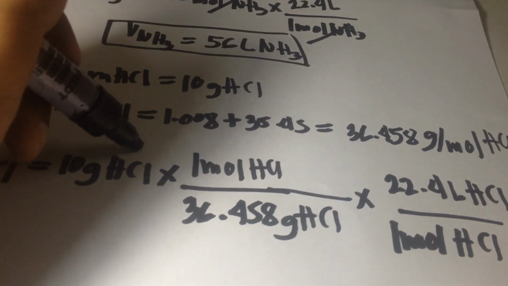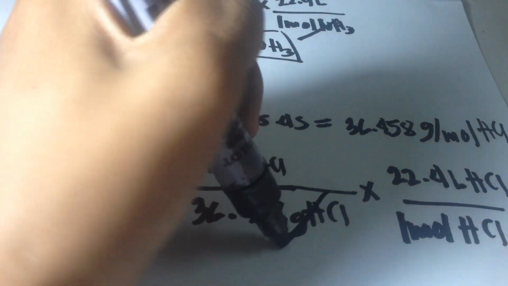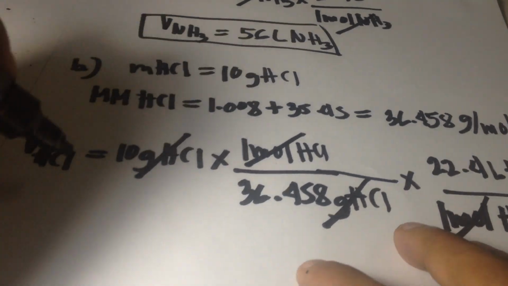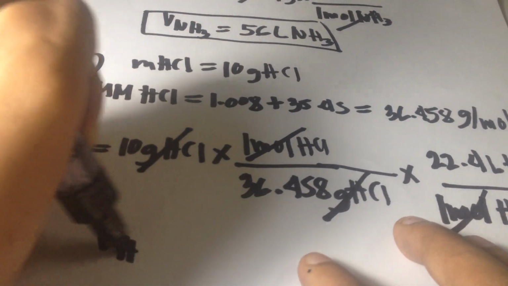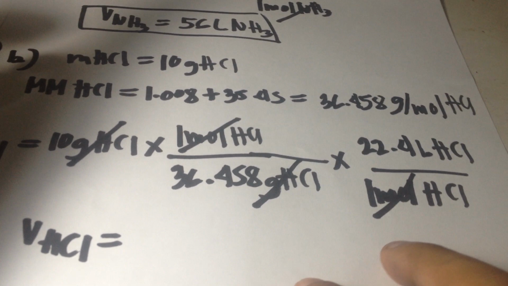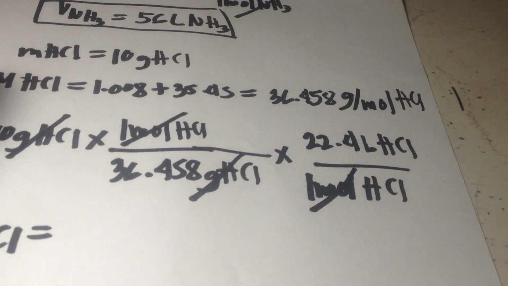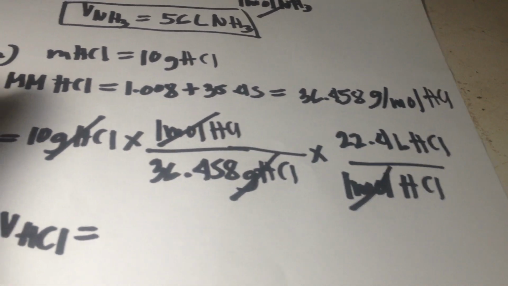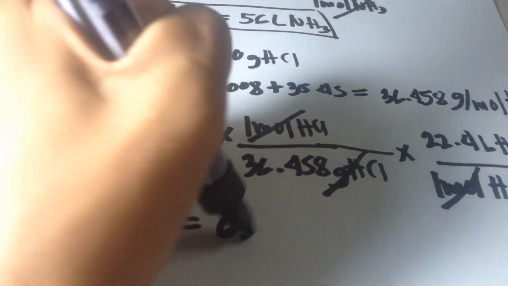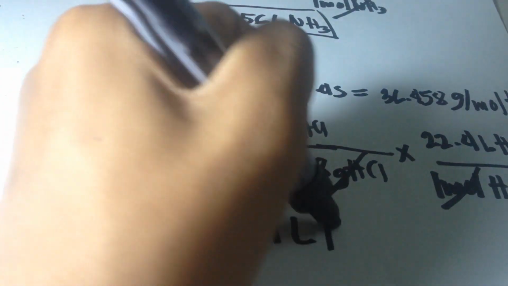So cancel out the grams, cancel out the moles. So what is left is liters. So the volume of HCl is equal to 10 divided by 36.458 times 22.4 liters, which equals 6.14 liters of hydrochloric acid.